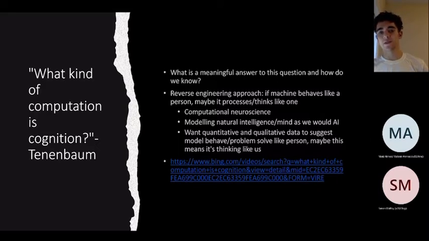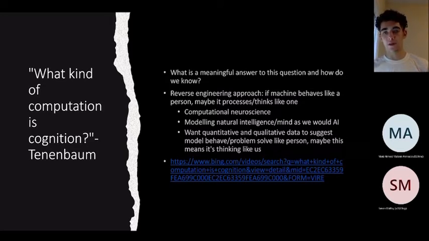He suggests a reverse engineering approach, where he says, if we can create machines that behave like a person, we can infer maybe that it is processing or thinking like one. So this is computational neuroscience, or at least an aspect of it.